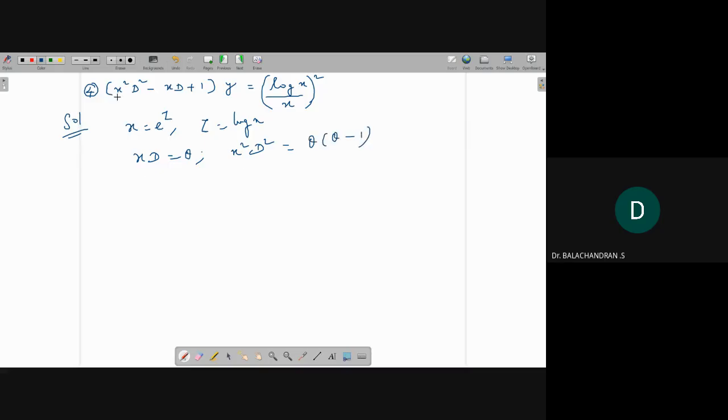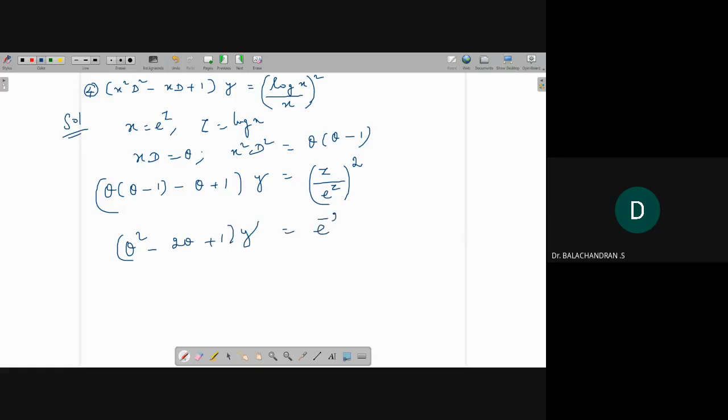So x square D square is theta into theta minus 1, minus xD is theta, plus 1, into y equals log x. What is log x? z by e power z whole square. This is theta square minus 2 theta plus 1 into y equal to e power minus 2z into z square.